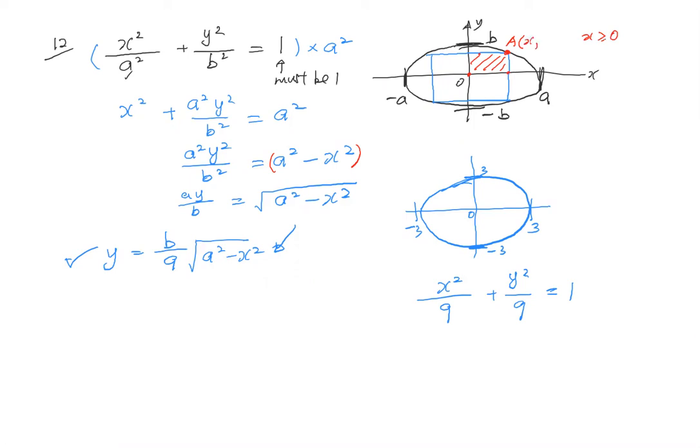So x, so what will the y coordinate be? This is the y coordinate, because it lies on this curve. You get me? It's in the positive region. It's in the first quadrant. So your y will be here.